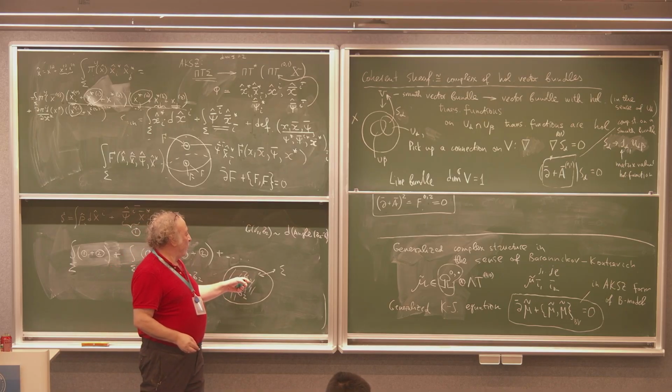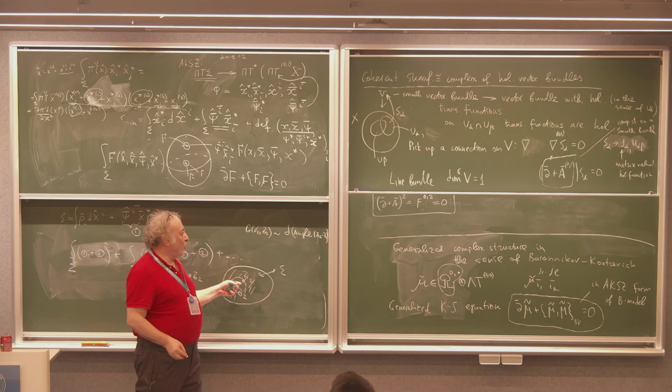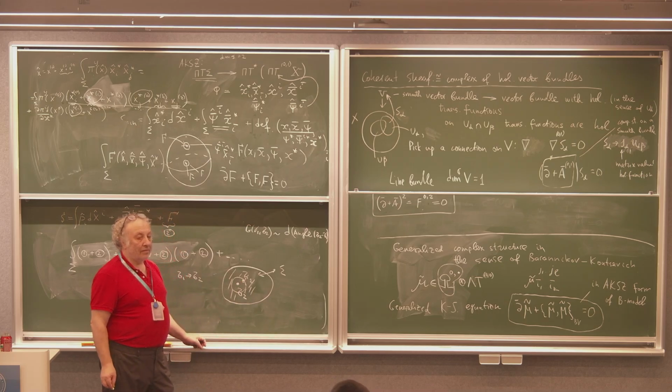So when point sigma 1 goes around point sigma 2, I will get a dangerous contribution.